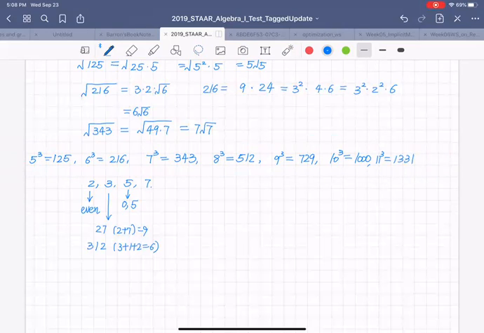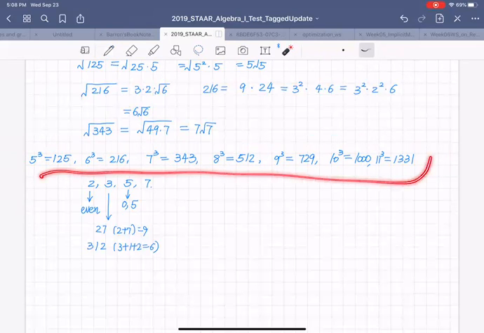You want to remember this, to do this kind of question quickly and correctly. This is a foundation. This is very important for high school.